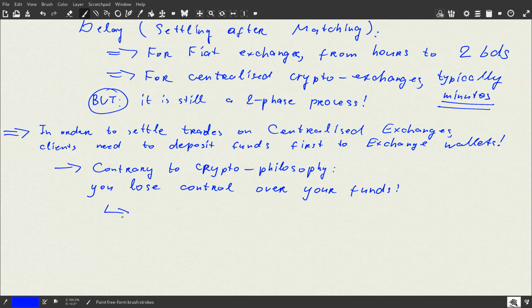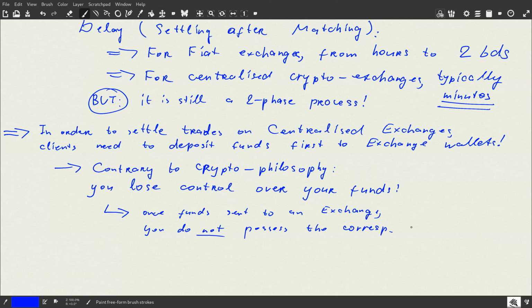But once funds are sent to an exchange, you do not possess the corresponding private keys. The private keys of the exchange account belong to the exchange. So that's all.